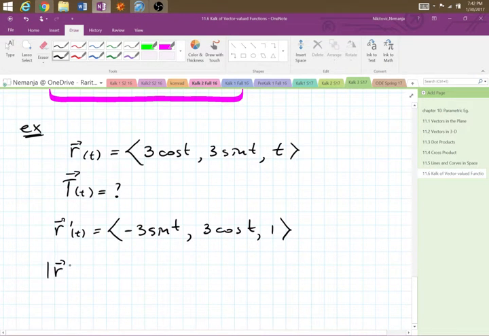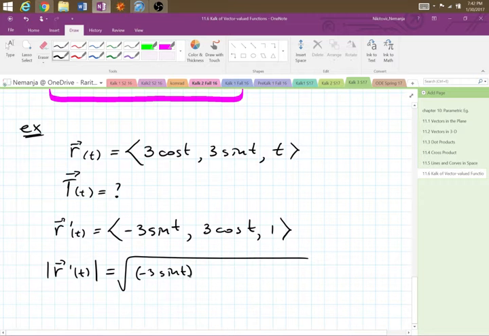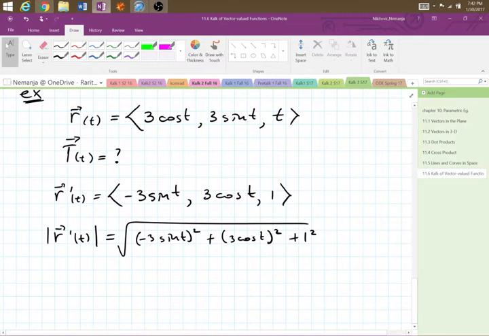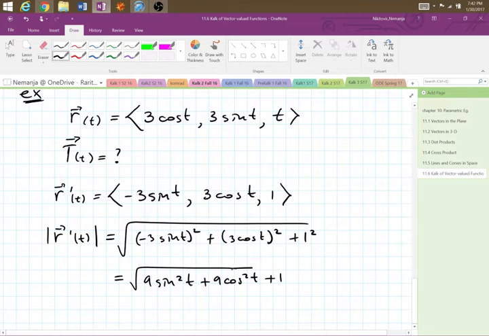The magnitude of that vector is the square root of negative 3 sine t squared plus 3 cosine t squared plus 1 squared, which is 9 sine squared t plus 9 cosine squared t plus 1, which is clearly root 10.